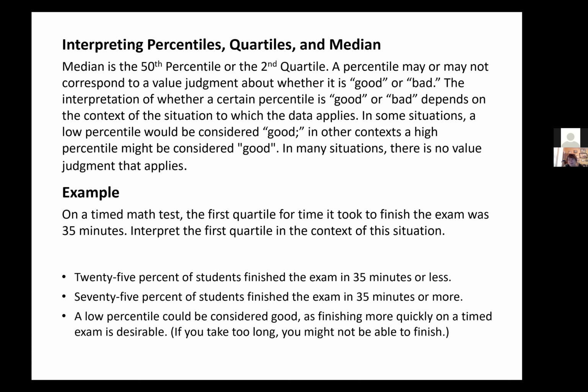That might be bad because maybe you don't want 3/4 of your students to take more than 35 minutes to take your exam. And if it's a really hard exam and you have a 2-hour time limit, then maybe 35 minutes is a good thing because you would expect students to take way longer than that.